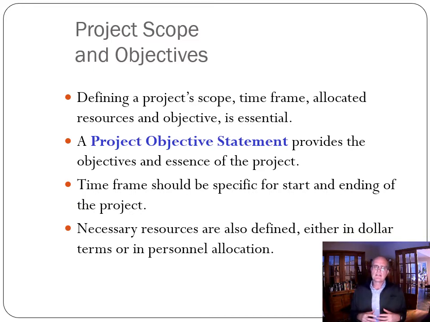So understanding the scope and objectives of a project is important. It defines the tasks that are important. It defines the time frame. It defines what you're going to allocate to that project, and it also, perhaps without saying it explicitly, outlines what you are not going to do.